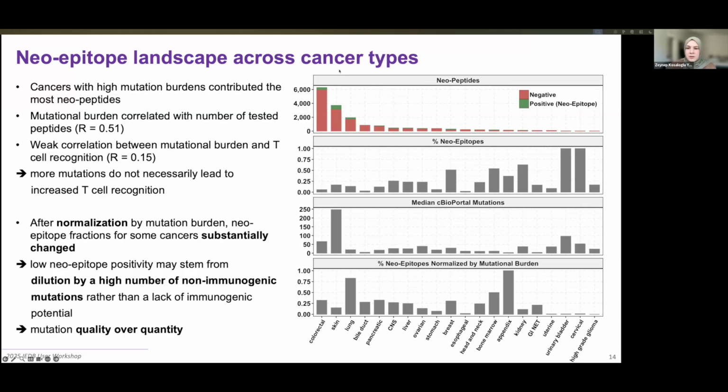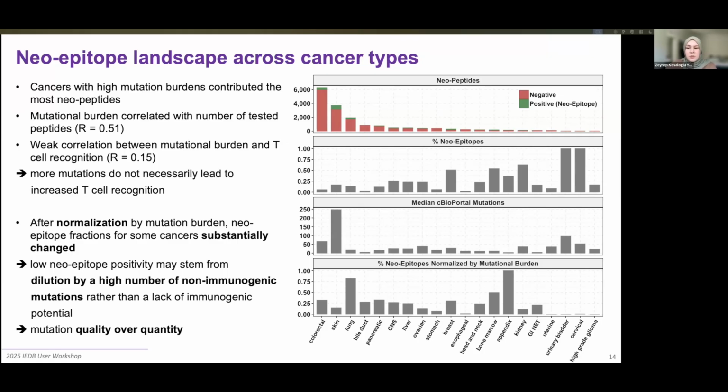So colorectal cancer has a relatively low neoepitope positivity rate, which is also plotted here. It's just 6% of the epitopes that were positive. But skin and lung cancer had significantly higher rates. So this also makes sense clinically because skin and lung cancers respond better to immunotherapies.